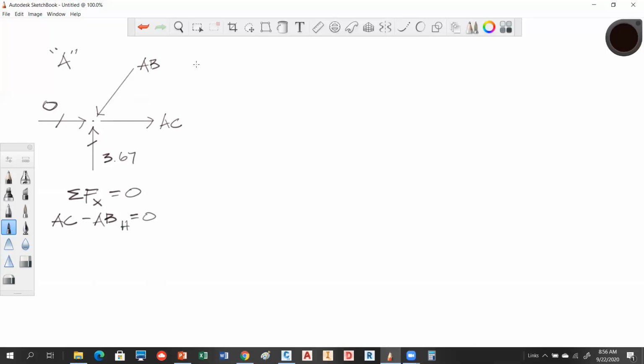So let's see what happens. If we don't solve this in Y, we've got a problem. So sum of forces in the Y have to equal 0. So we have 3.67 acting up and a minus AB vert acting down, correct? AC brings nothing to the table, right?